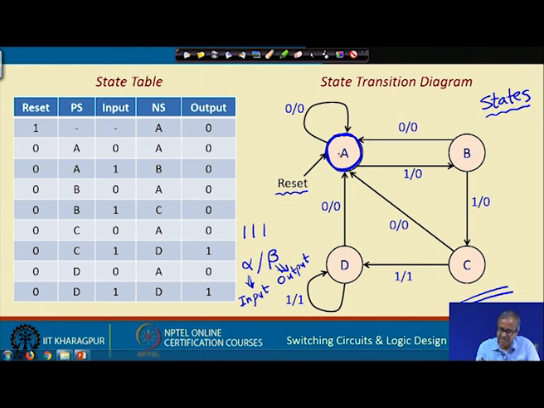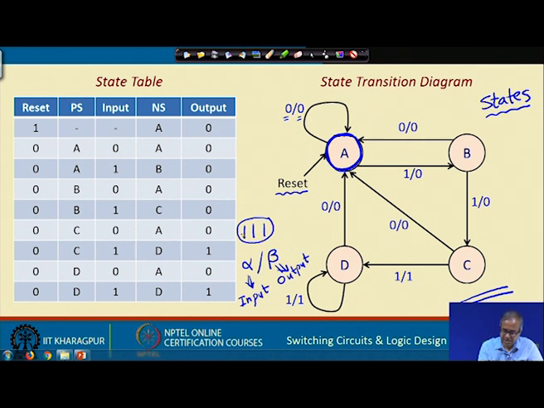You see, when you are in state A, you are looking for 1 1 1, right, but if you see a 0, you will have to remain in state A, because you have not yet started the sequence. It is a 0. So, you have no information about 1 1 1, you remain in A and your output is 0, because you have not yet got 1 1 1.